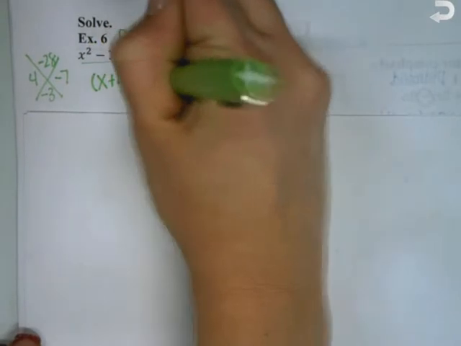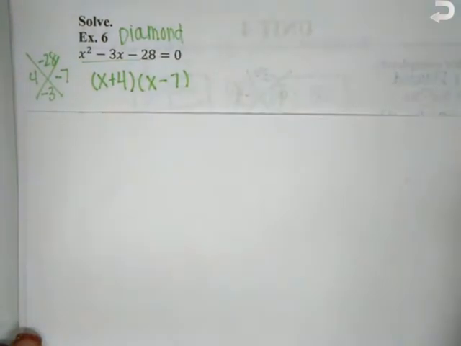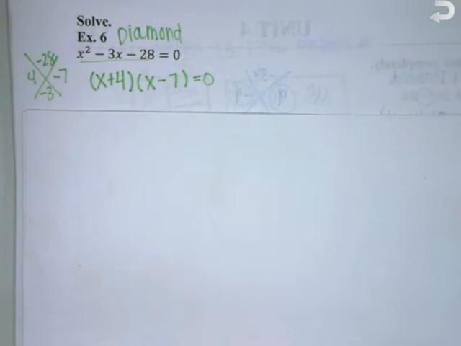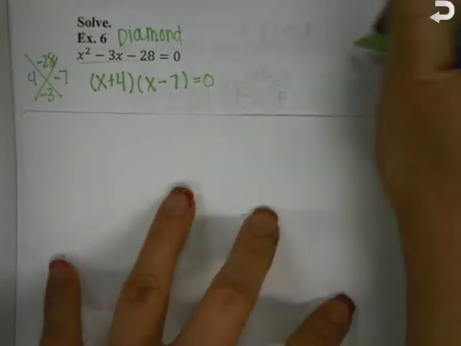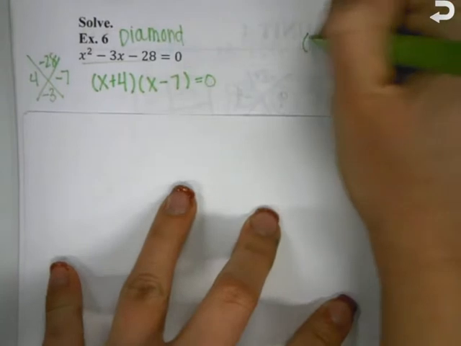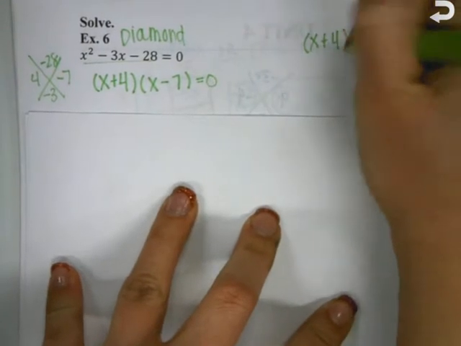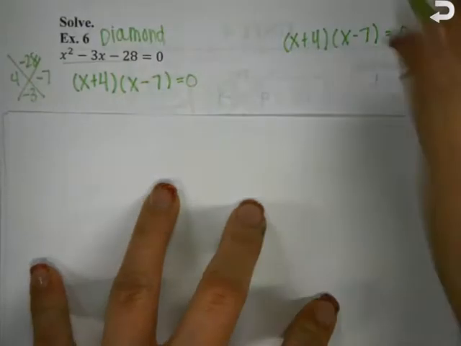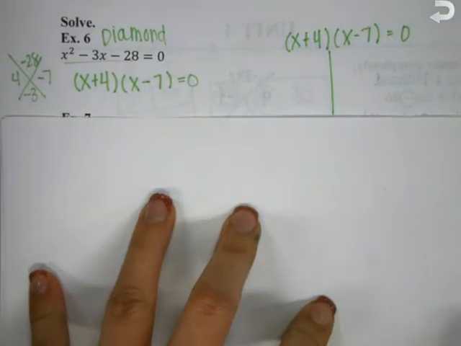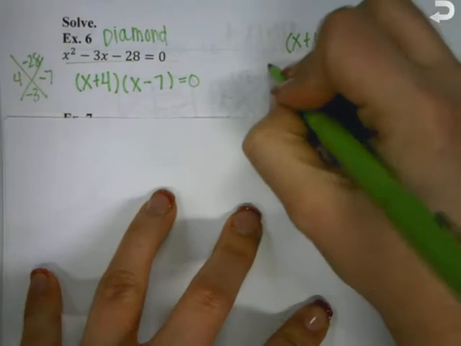So I'm going to rewrite it up here. x plus 4 times x minus 7 equals 0. Okay, and then remember I drew a line in between the two. And I set x plus 4 equal to 0, and x minus 7 equal to 0. x plus 4 equals 0.